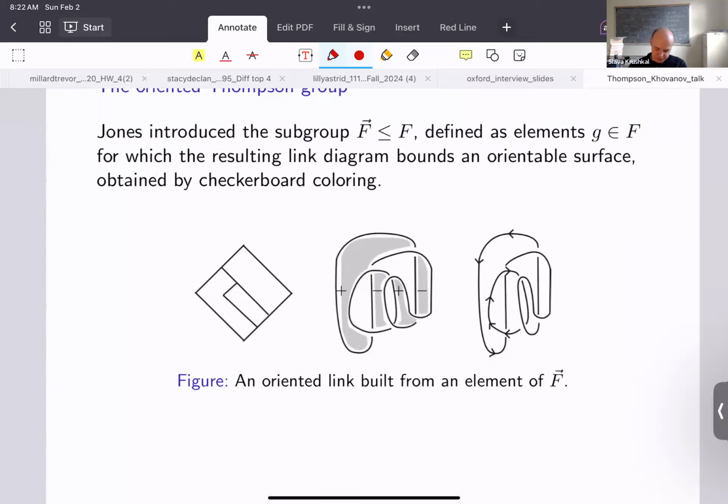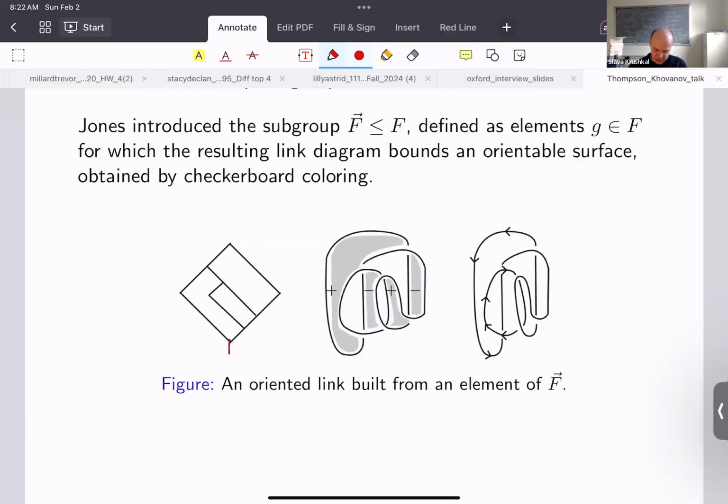So in this case, this is the pair of trees that we started with on the left. As you go through his construction, you get this link diagram, and then there is a natural checkerboard colored surface you can draw there, and it's orientable. And so this is an example of an element of the oriented subgroup.